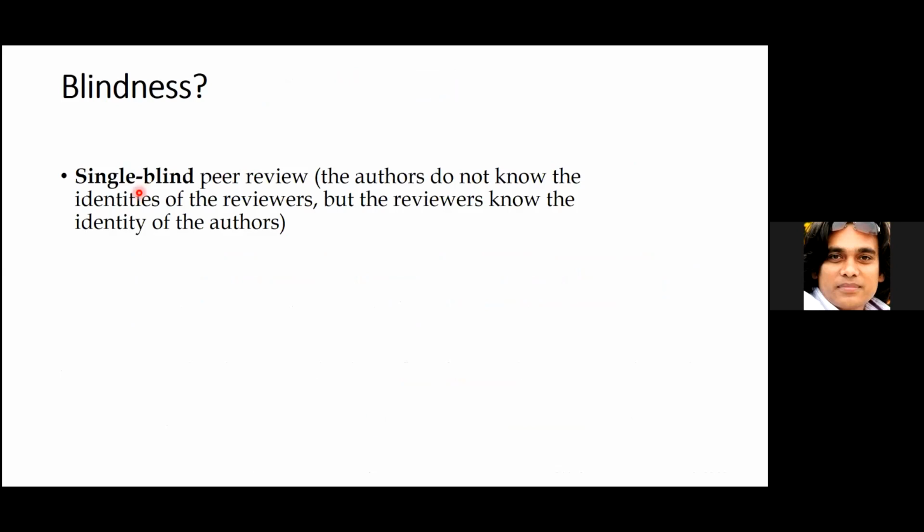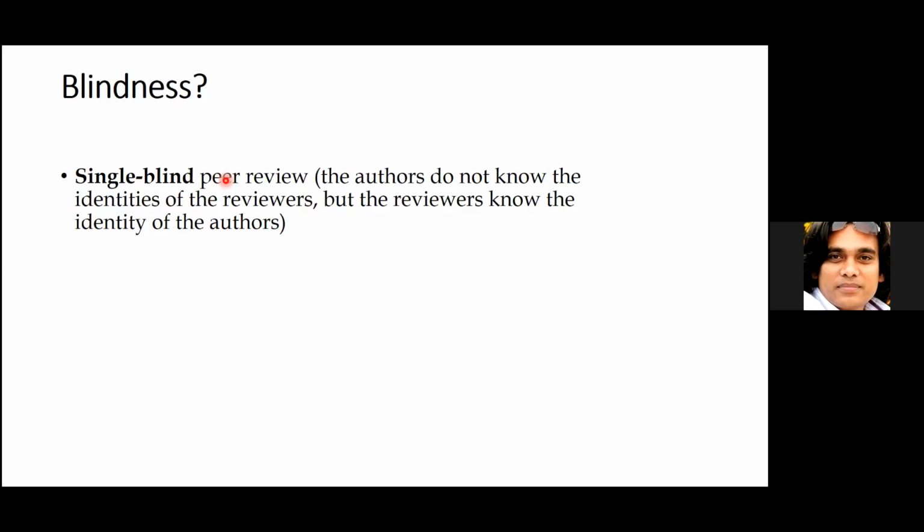Blindness. We know that single blind peer review means authors do not know who the reviewers are, but reviewers can identify the authors. Even though in your PDF paper you don't put the author details, when you submit you put author information and others, and they make the final PDF. In the final PDF, you have all the author details.